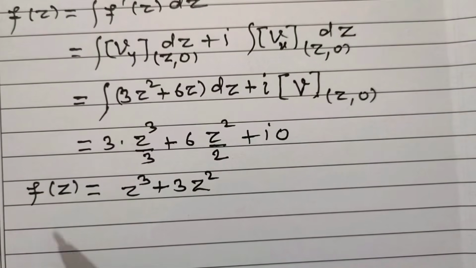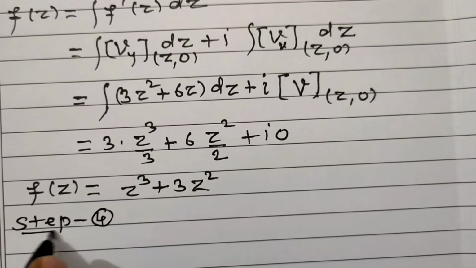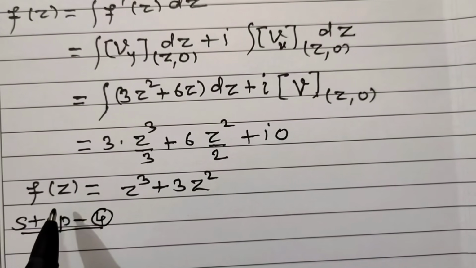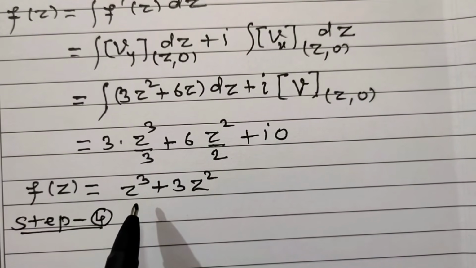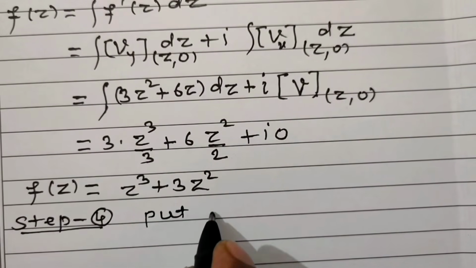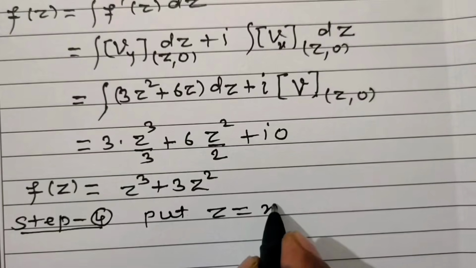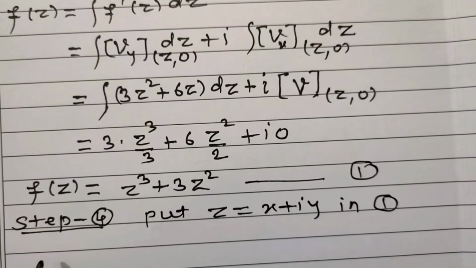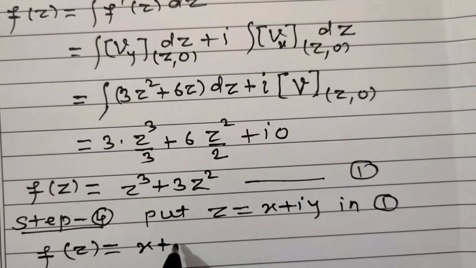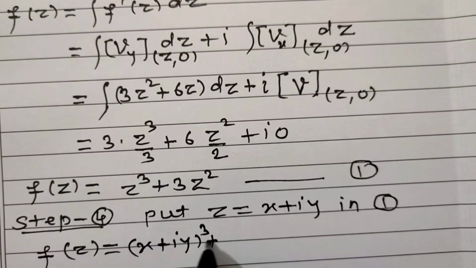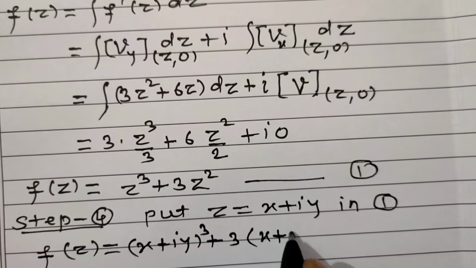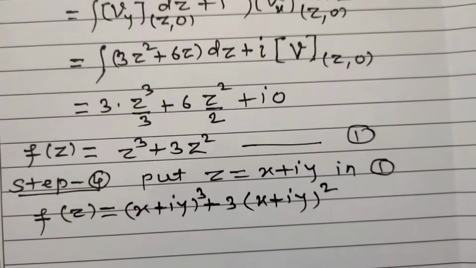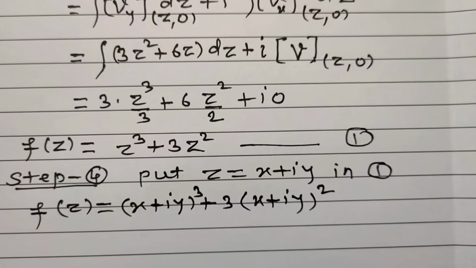Now step number 4. We have to express f of z in the form of u plus iv, replacing z by x plus iy. So put z is equal to x plus iy in equation number 1. Hence f of z is equal to (x plus iy) cube plus 3 times (x plus iy) square. Expand this and separate the real and imaginary parts.